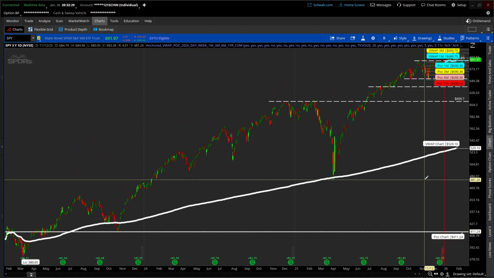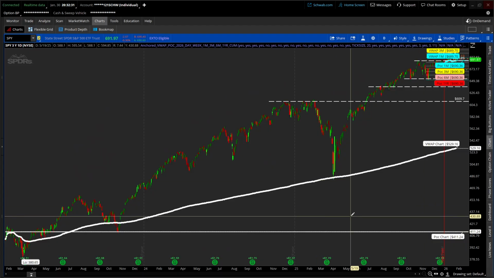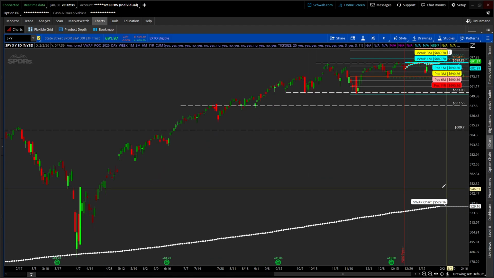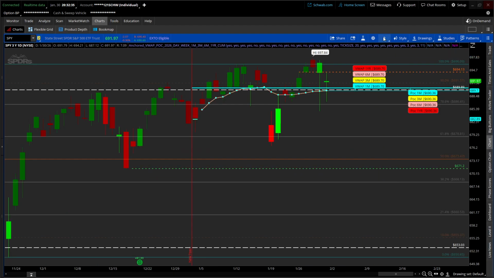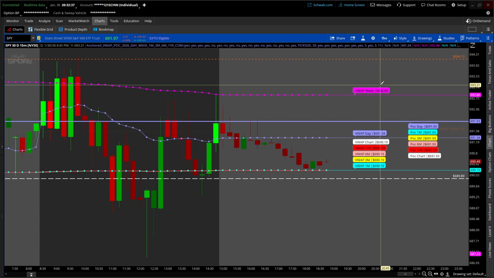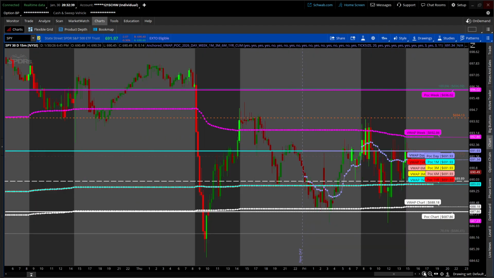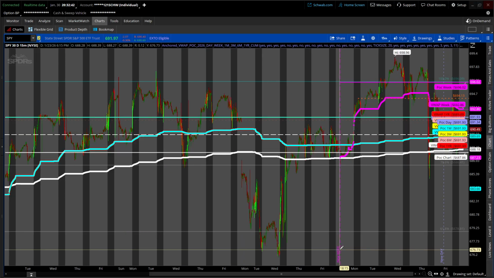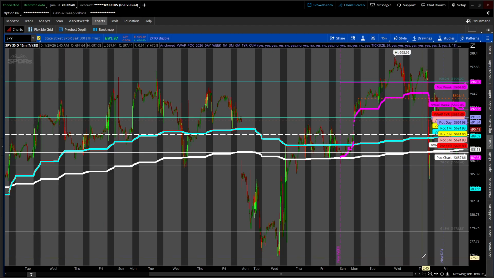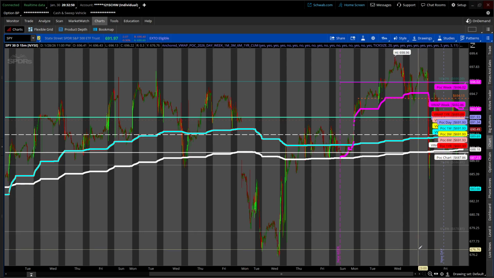The chart VWAP and the chart point of control, they're always going to be there. So once I drill back down into our 30-day, 15-minute, you see it's the same thing. You'll still see your week. You're only going to see 1 week and 1 day. You're not going to see all those other vertical lines. I deliberately designed it that way so it wouldn't clutter up your screen.